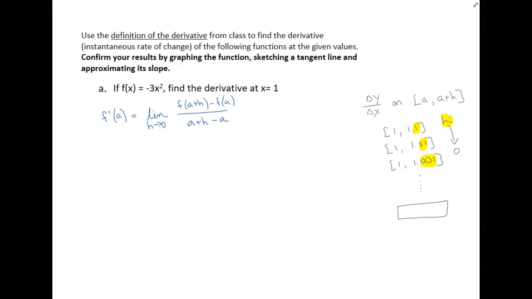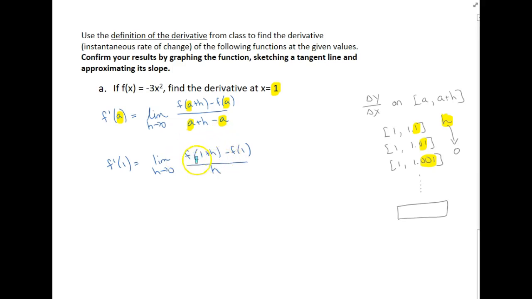So now let's work with this particular function at x equals 1. I'll substitute 1 in everywhere I see an a, and that will give me that the derivative at 1 is the limit as h approaches 0 of f of 1 plus h minus f of 1. Here in the bottom, notice the a's will cancel, so I'll just be left with h.